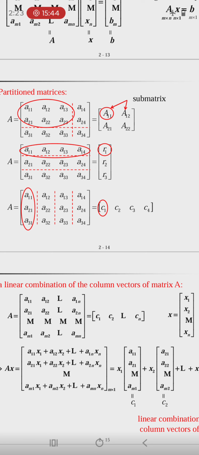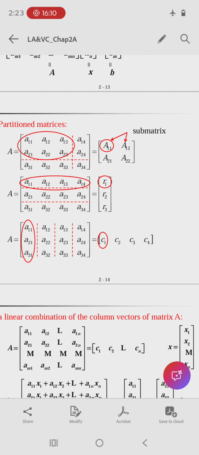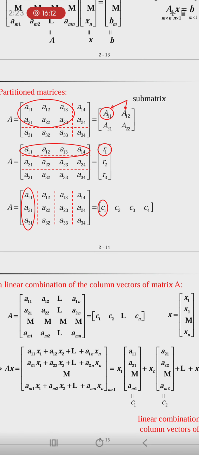This matrix is considered as a matrix of columns C1, C2, etc., Cn. C1 is the first column, C2 is the second column, then etc., Cn is the last column. Then the x vector is x1, x2, etc., xn. Then n variables are given. Next, find the value of Ax.